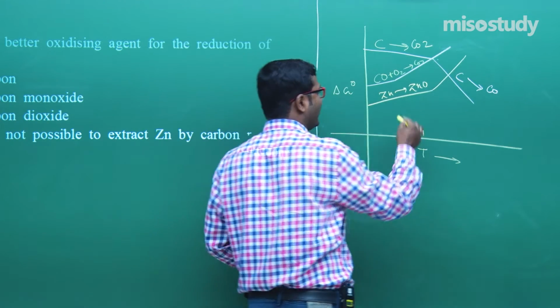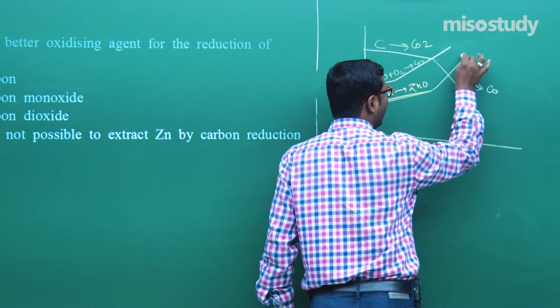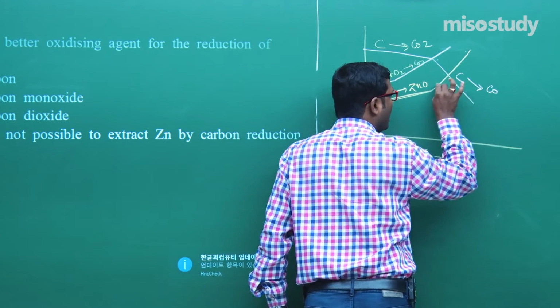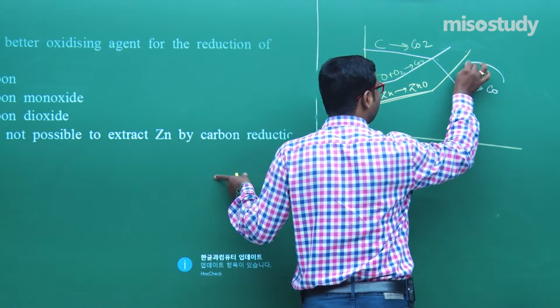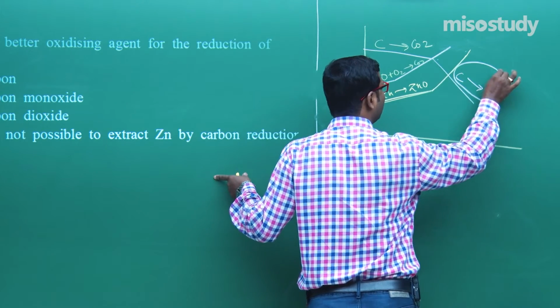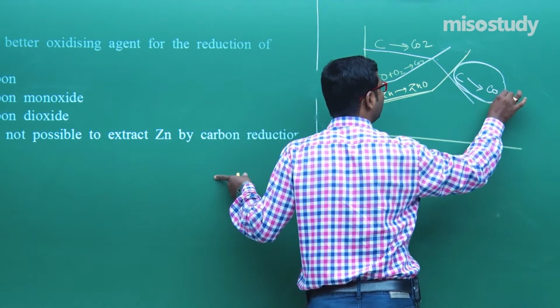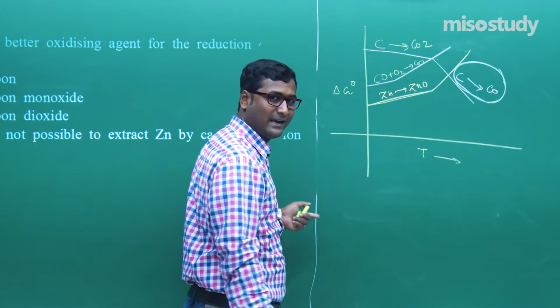Now, there is a phase change also. By looking at this graph, what do we observe? Sir, which is the better oxidizing agent? Carbon is the better oxidizing agent in this case.